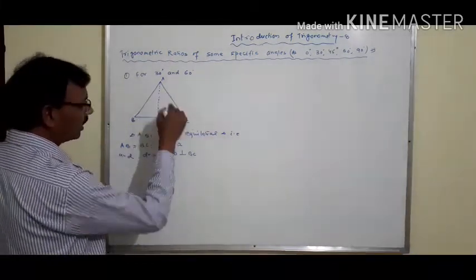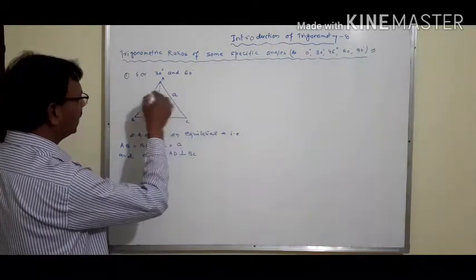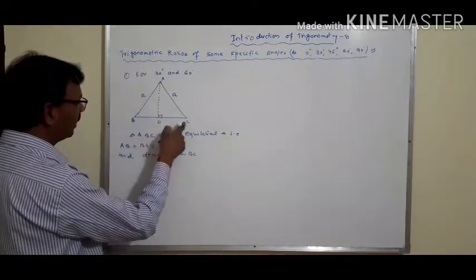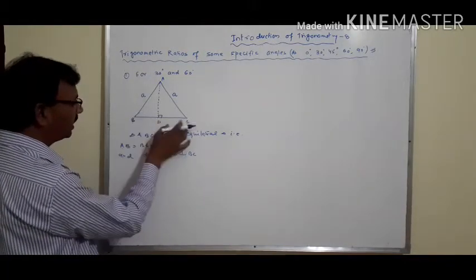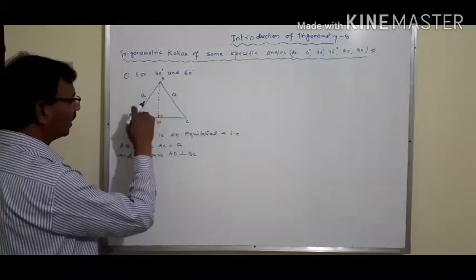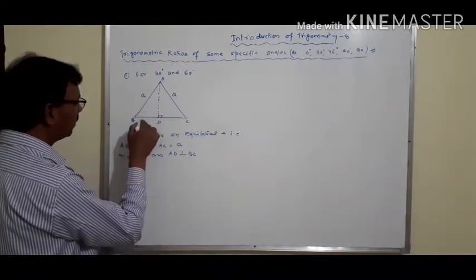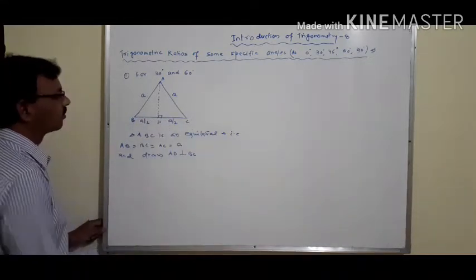Now, if AB equal to BC equal to AC equal to a, then BD will be half of BC, and CD will be half of BC, because this is an equilateral triangle. So this will be a by 2 and a by 2.